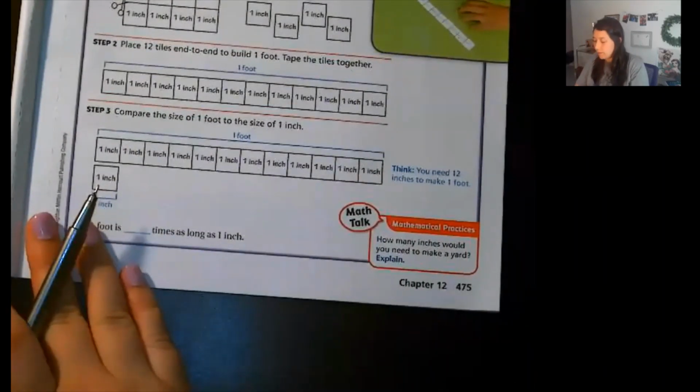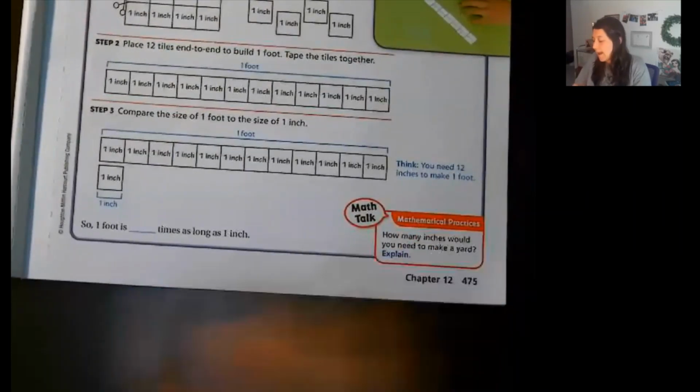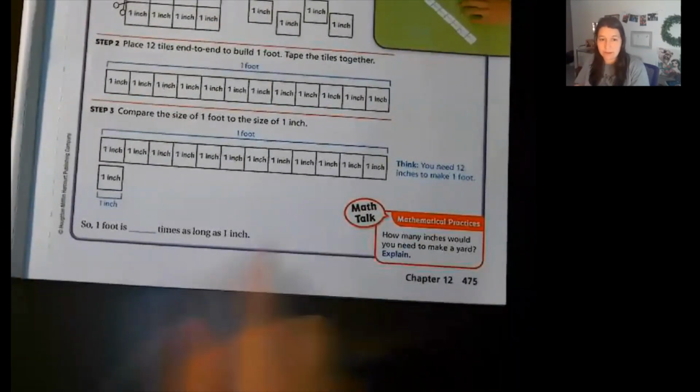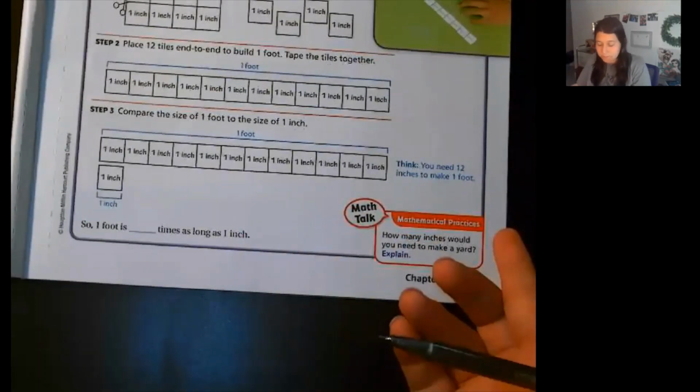Okay, so when we compare the size of 1 foot to the size of 1 inch, we'll need to look at how many inches we need to make up that 1 foot. And we've already said this a couple times, we need 12.